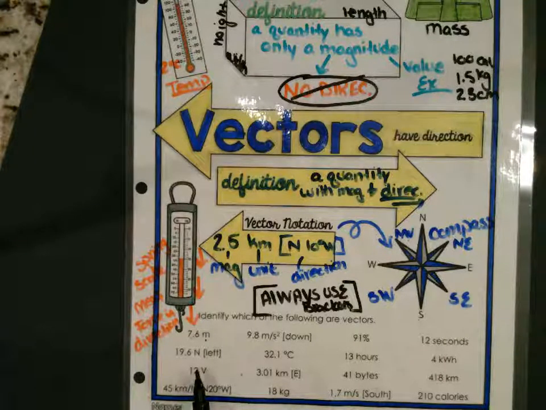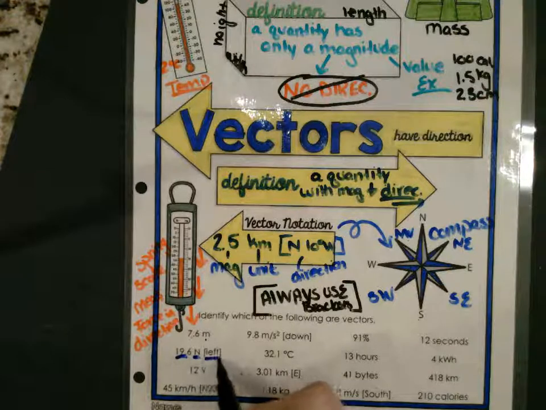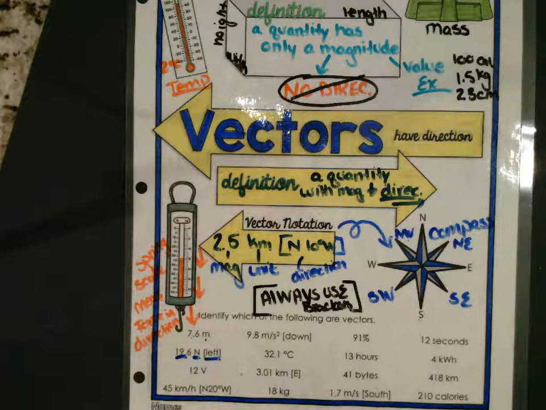19.6 newtons, left. So it's got a magnitude, which is your number. It's got a unit, that's newtons. I don't know why I said north. And it's got a direction. So that's definitely going to be a vector. It's got all three things we're looking for. Underneath that, we have 12 volts. It's got a magnitude or a number. It's got a unit, but there's nothing in brackets, so it's not a vector.